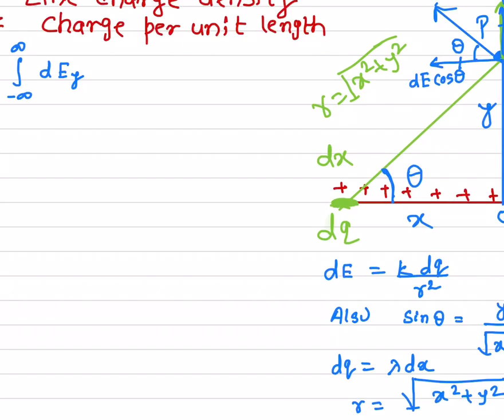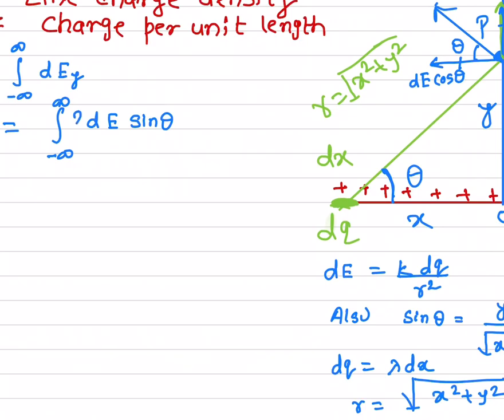With this, we should now be able to derive the electric field due to a line charge. There are various ways of doing this. Ey, and now let's integrate from minus infinity to infinity, dy. The electric field at this point P, due to this charge, has only a y component, because the x component cancels out, and the y component is given by dE sine theta.